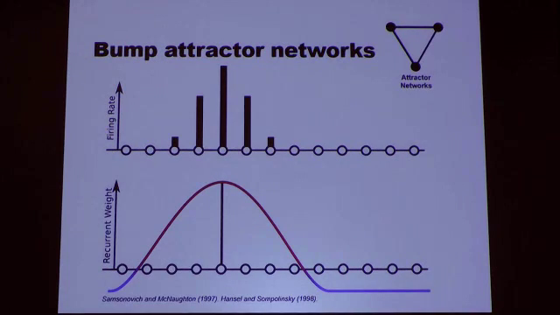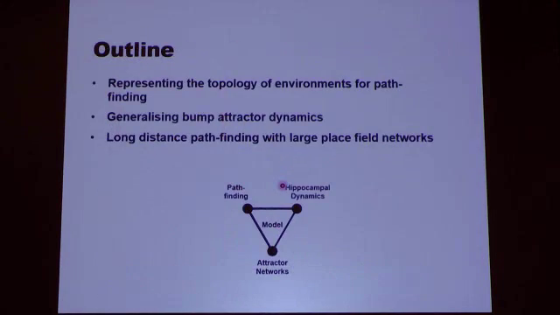So I'm going to be looking at, first of all, basically generalizing this classical bump attractor network model to more complicated environments. I'll be doing that first by looking at a way of representing the topology of these environments in a way that we can relate to pathfinding.